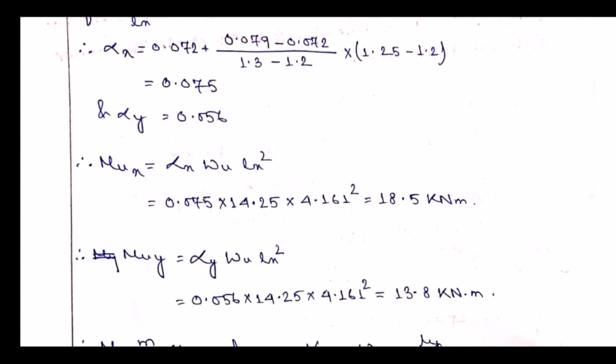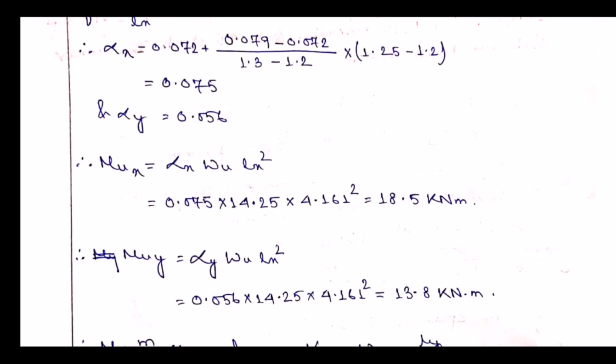Okay. So the moment in the shorter direction, Mux, is equal to alpha x w Lx square, that is 0.075 into 14.25 into 4.161 square, equal to 18.5 kilonewton meter.